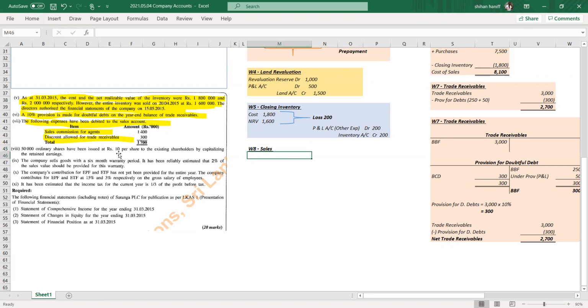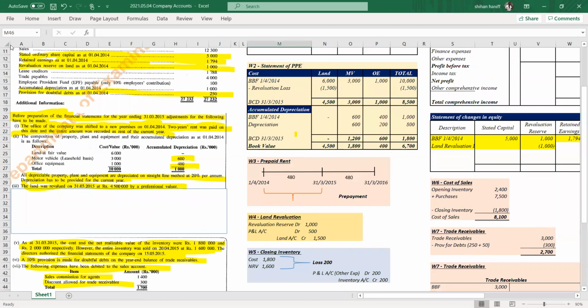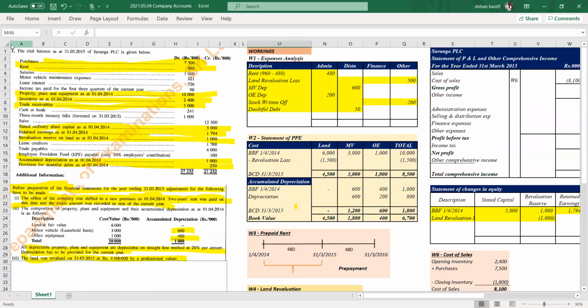So if you check the trial balance, sales 12,300 is due.